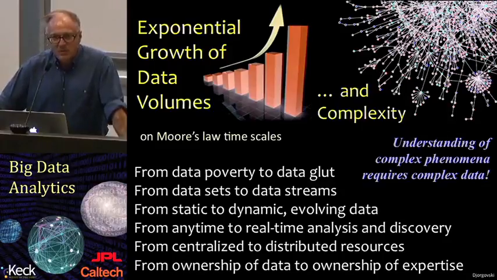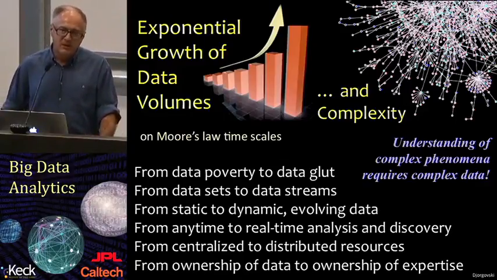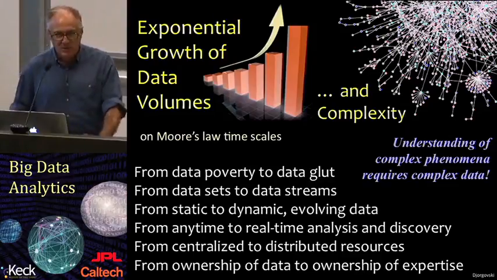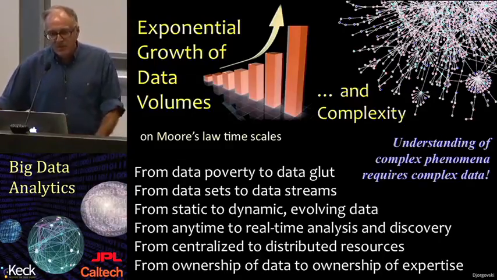So we moved from data poverty and starvation to exponential overabundance, and we're also moving from fixed data sets that you obtain once and that's it, to constantly arriving new data streams from different kinds of sensors, whether telescopes or environmental sensors, it doesn't matter. That means that we have to understand the data in real time, and that poses a whole new set of challenges for data analysis.